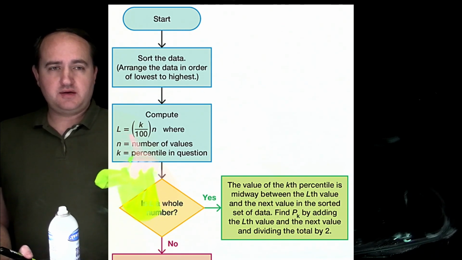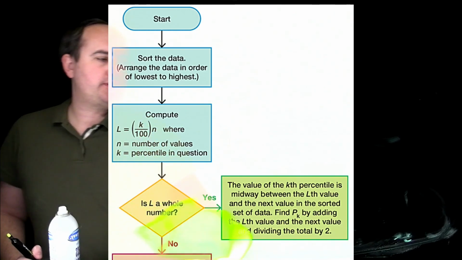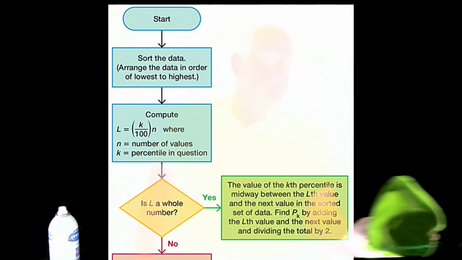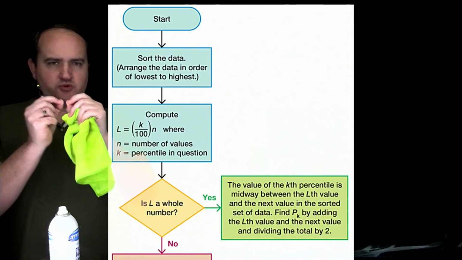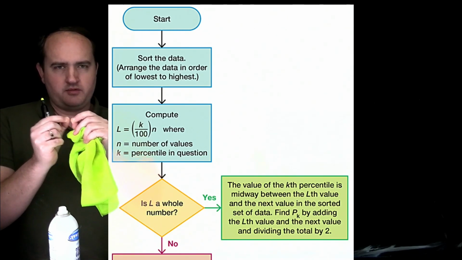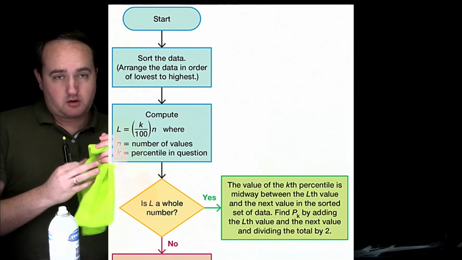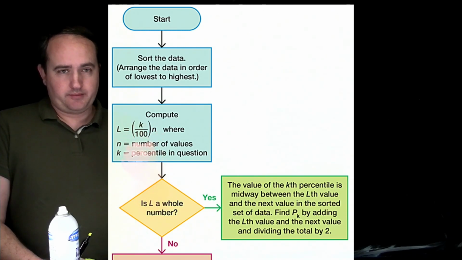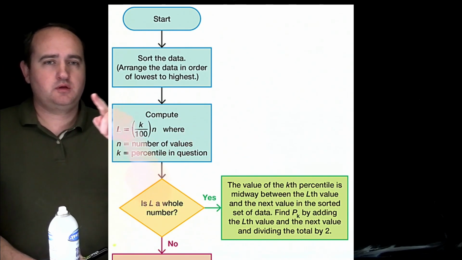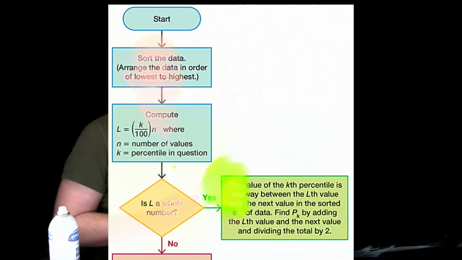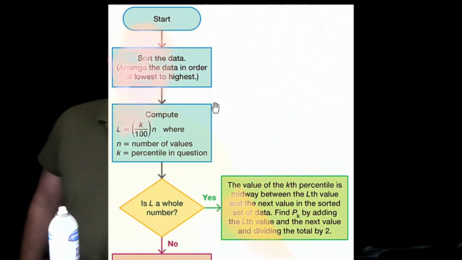The locator equals k over 100 times n. We use this formula to determine the locator. Roughly speaking, the locator tells you where the data value is, or the two data values are, that you use to answer the question, to go from a percentile to a data value. And like I said, it's a bit more complicated.